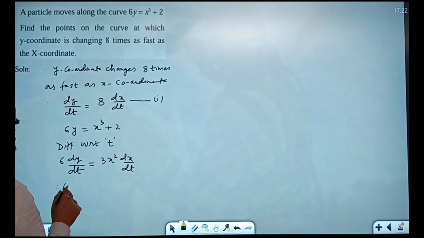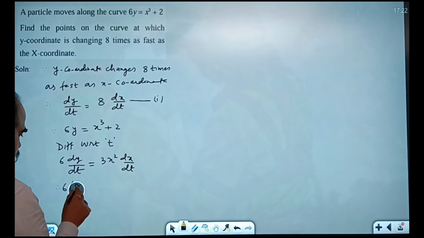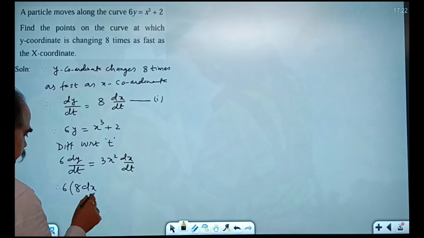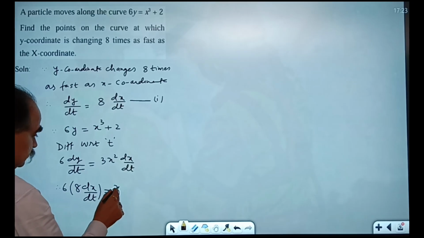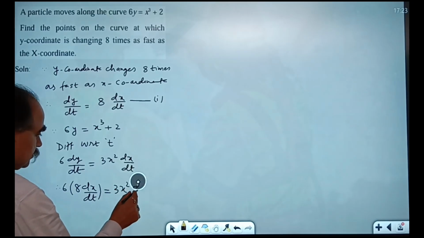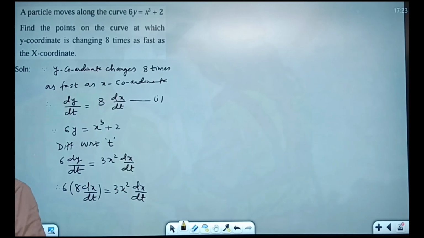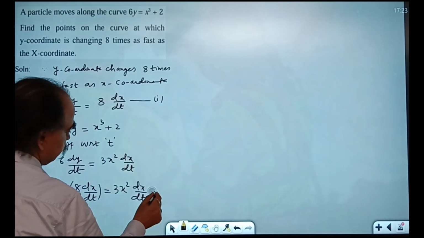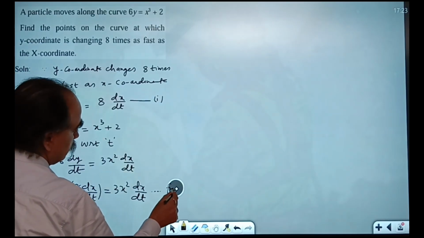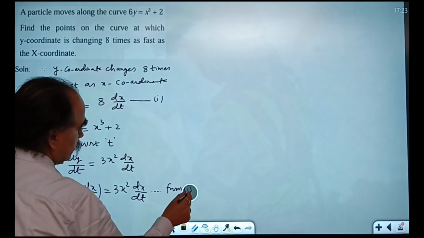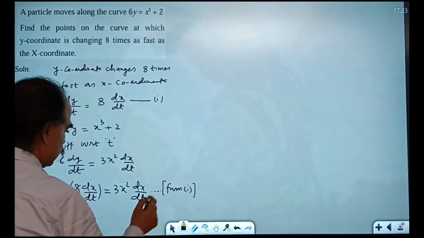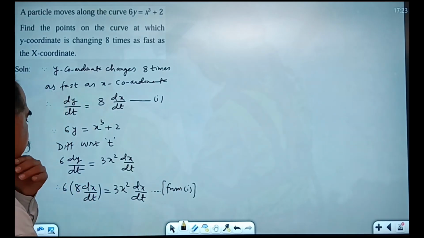So 6 into 8 dx by dt is equal to 3x square dx by dt. Now from both the sides dx by dt will get cancelled.